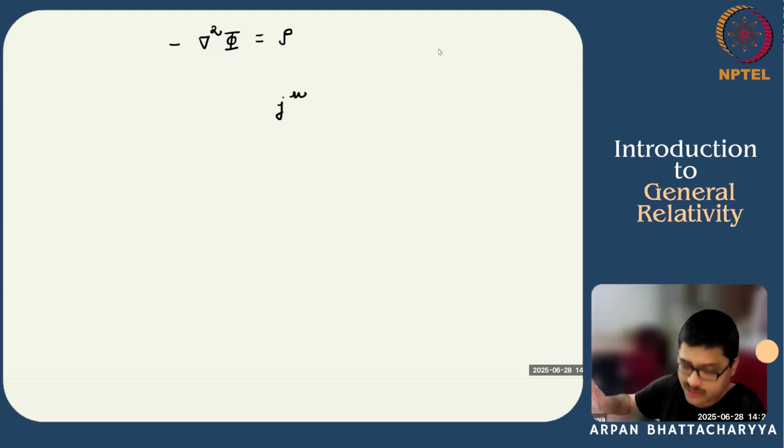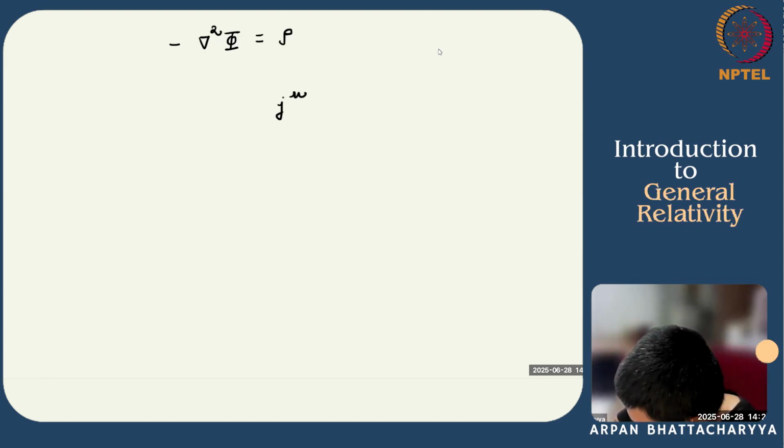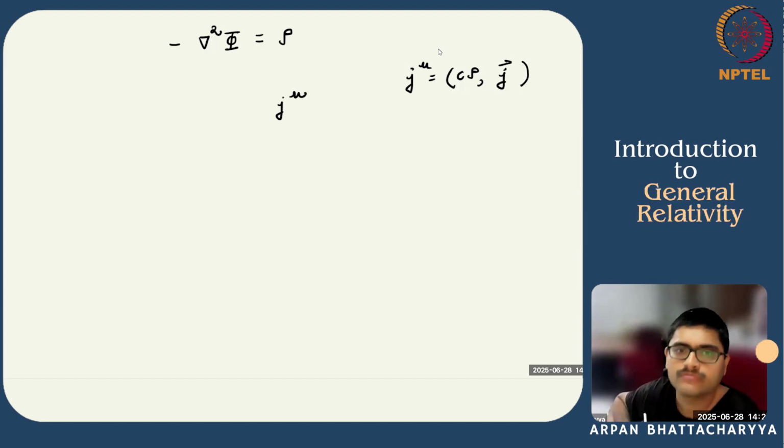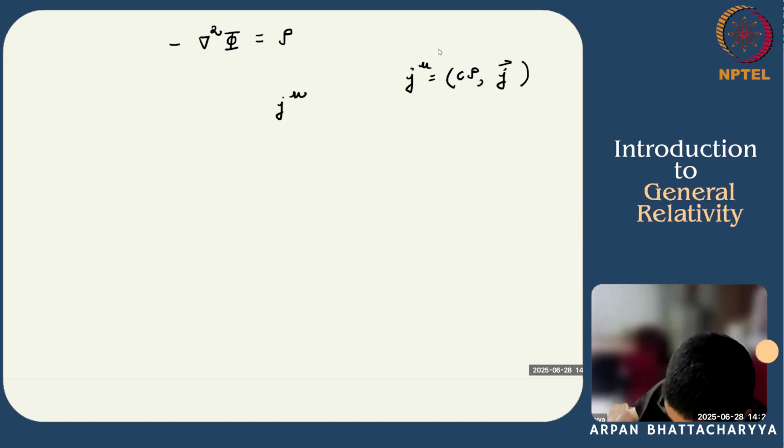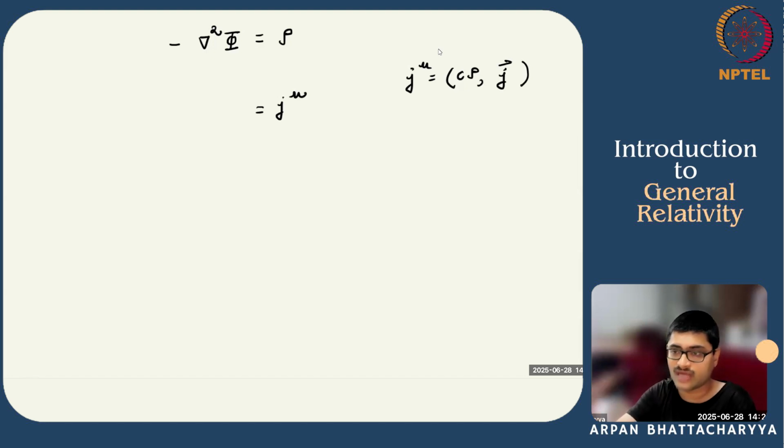The charge current density 4 vector, right? So remember that J mu is of this form. Now J mu, like rho, will be the source of the Maxwell field. So on the left hand side, it will be some function of the Maxwell field.